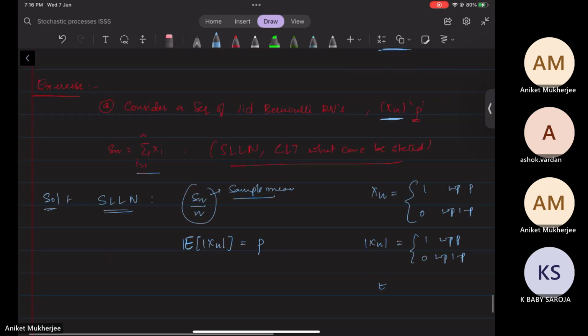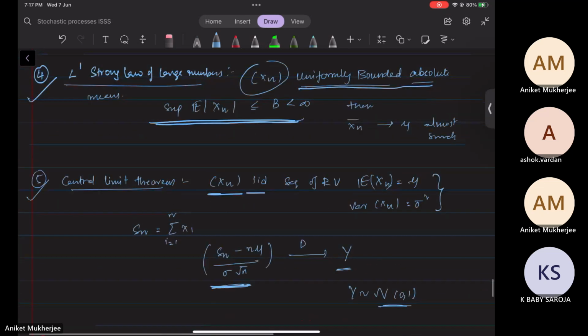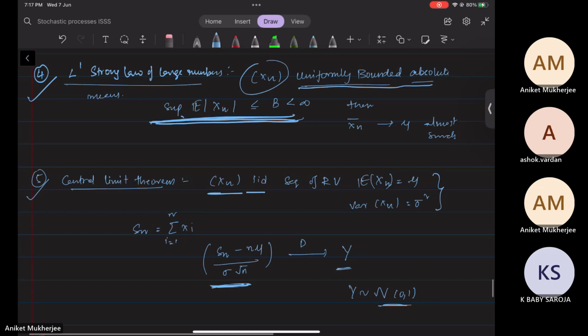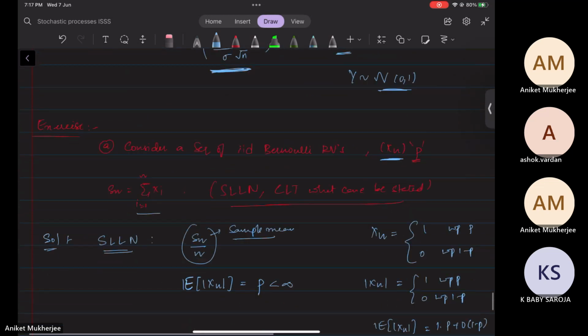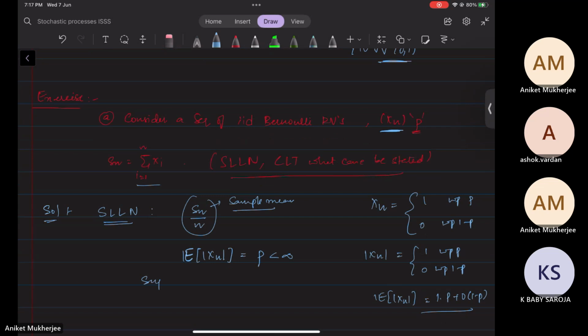Expectation of mod Xn, you will have 1 into p plus 0 into 1 minus p. So this is less than infinity. This is sure. So you have shown the uniform boundedness of this. So supremum of expectation of mod Xn is less than or equal to p, which is less than infinity.